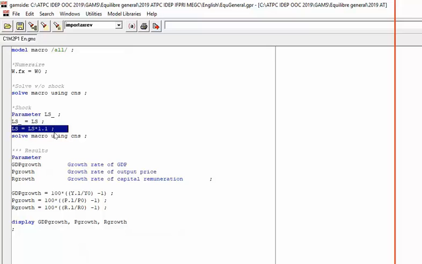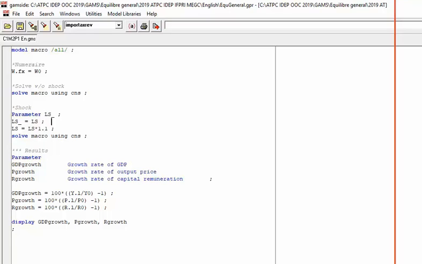What I'm doing here is creating a buffer parameter, because if you ask for a display of the labor supply at the end of the program, you will have the final value of the labor supply, not the initial value.